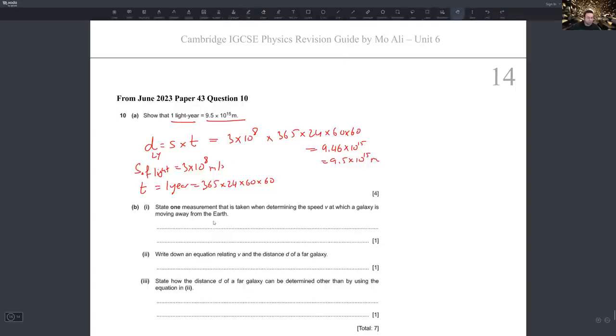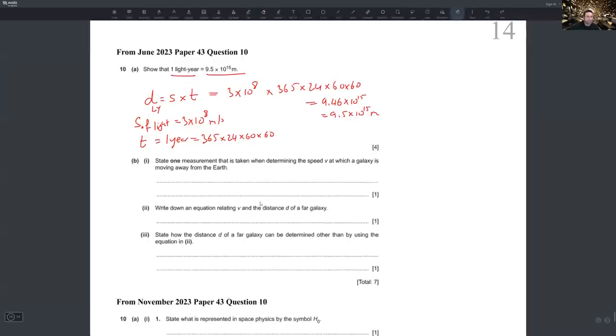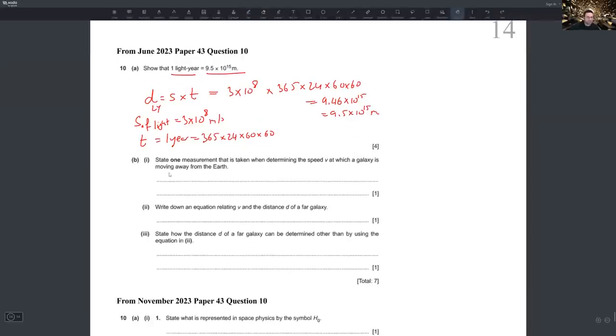State one measurement that is taken when determining the speed at which a galaxy is moving away from Earth. What do I measure? This one is for you, Ahmed, because you asked me that question. What do I measure when I'm trying to find the speed at which a galaxy is moving away from Earth?